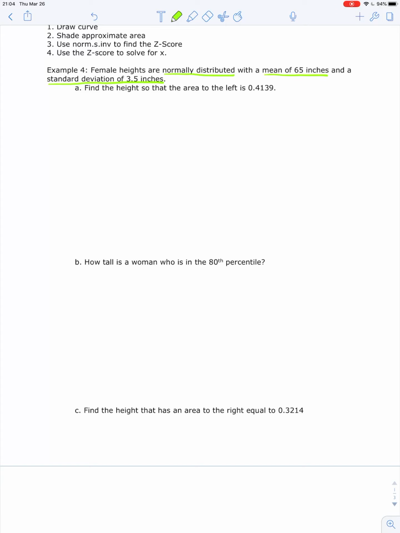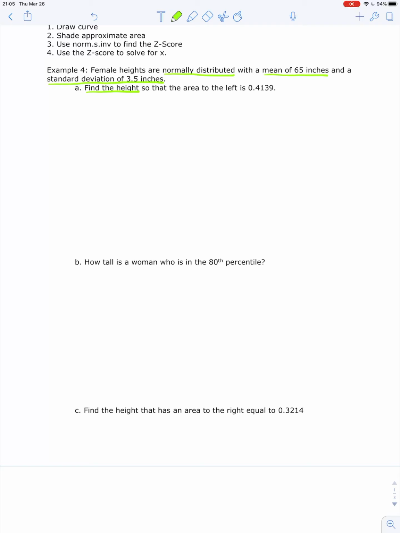So now the first problem says, find the height so that the area to the left is 0.4139. So we are finding a height. We are not finding a probability. Find the height. Height is our variable. It is what our x values represent. So that's what tells me that I'm trying to work backwards and find the height.